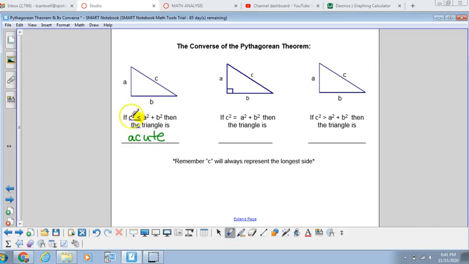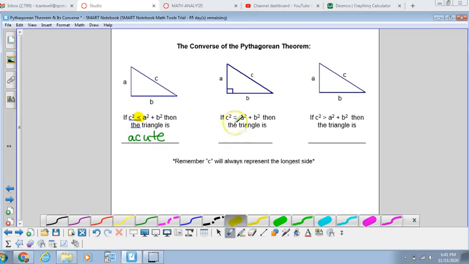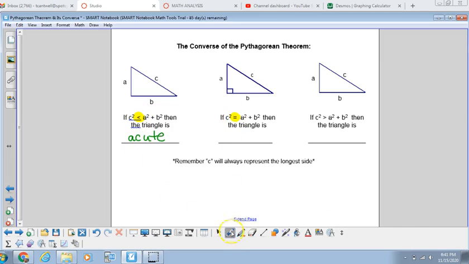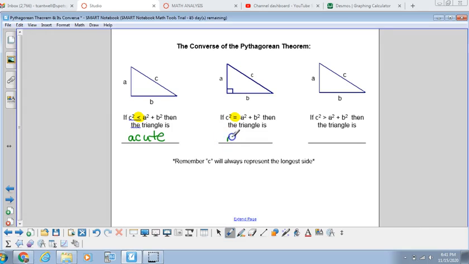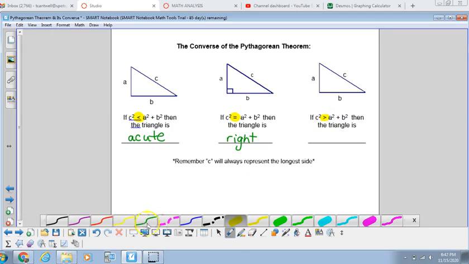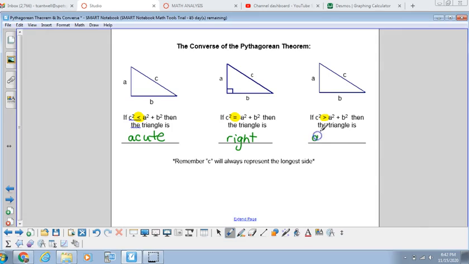So if c squared is less than, meaning smaller than, that goes with acute. And if c squared is equal to a squared plus b squared, then we get a right triangle, which is what we were working on before. And if c squared is greater than a squared plus b squared, then the triangle that we get is an obtuse triangle.